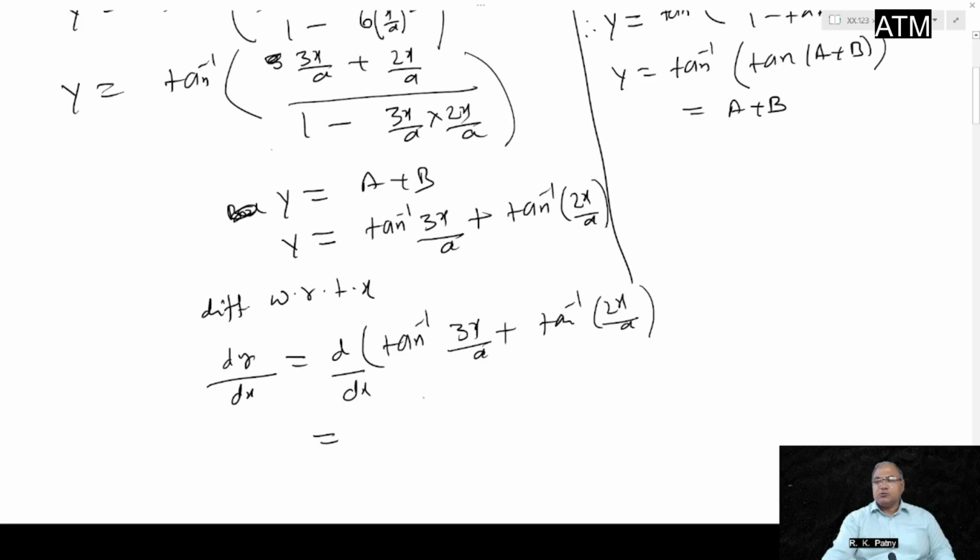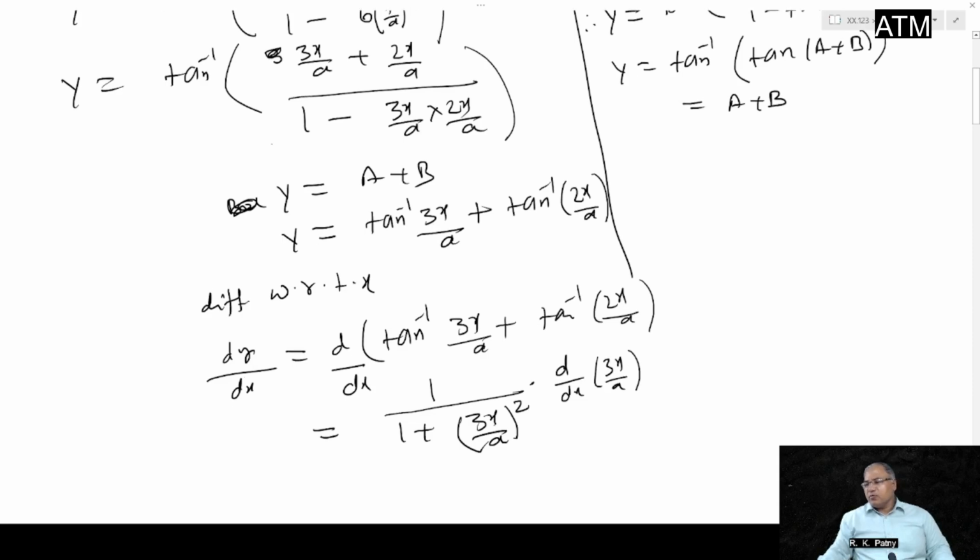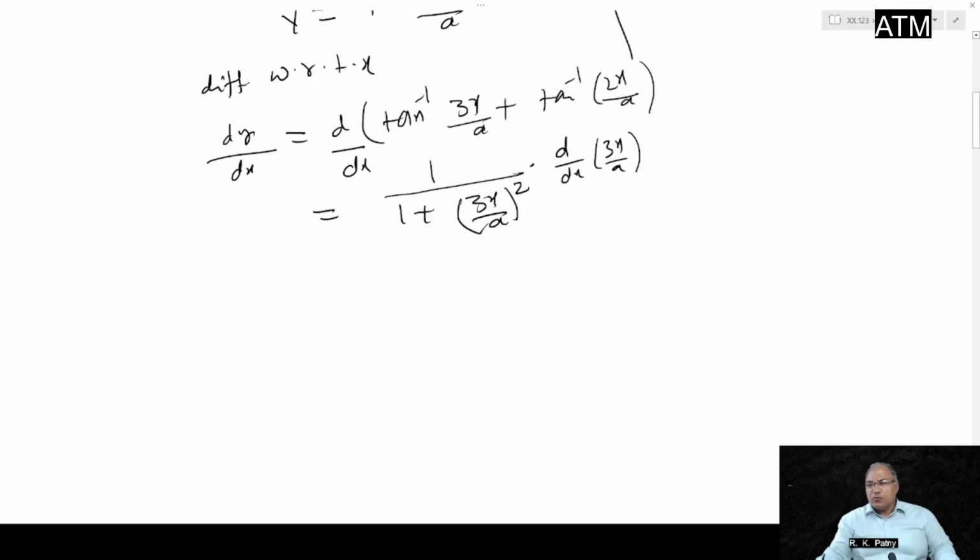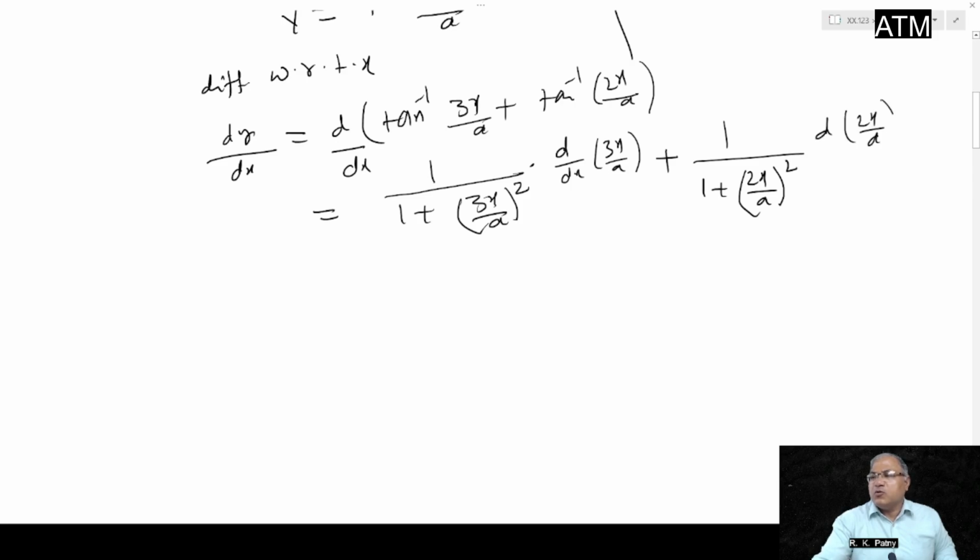This equals 1 upon 1 plus 3x upon a whole square into differentiation of 3x upon a, plus 1 upon 1 plus 2x upon a whole square into differentiation of 2x upon a with respect to x.